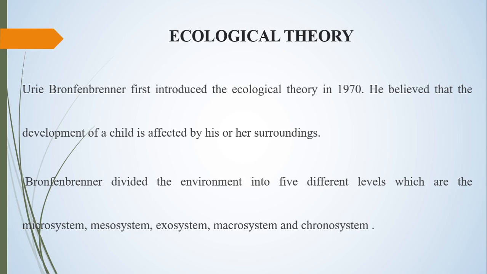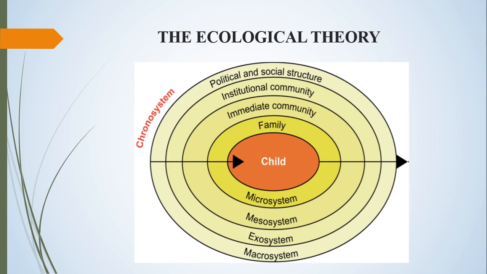If you look at the ecological theory, Bronfenbrenner first introduced the ecological theory in 1970, and he believed that the development of a child is affected by his or her surroundings. According to Bronfenbrenner, he divided the environment into 5 different levels, which are microsystem, mesosystem, exosystem, macrosystem, and chronosystem.